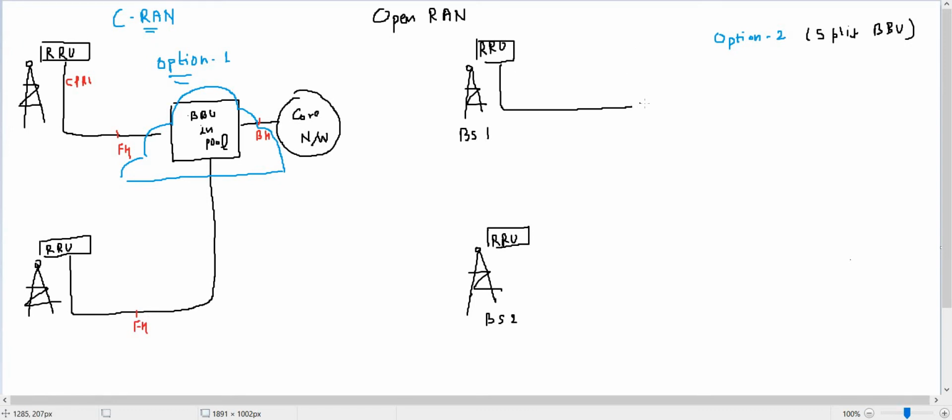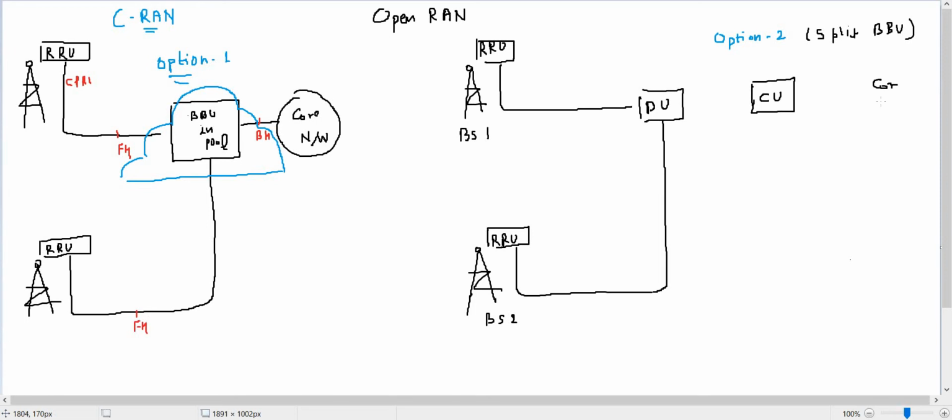We are going to split the BBU into two entities, known as DU, the distributed unit, and CU, the centralized unit. This is DU, this is CU, and this is your core network. In the previous option, this entity was the BBU.